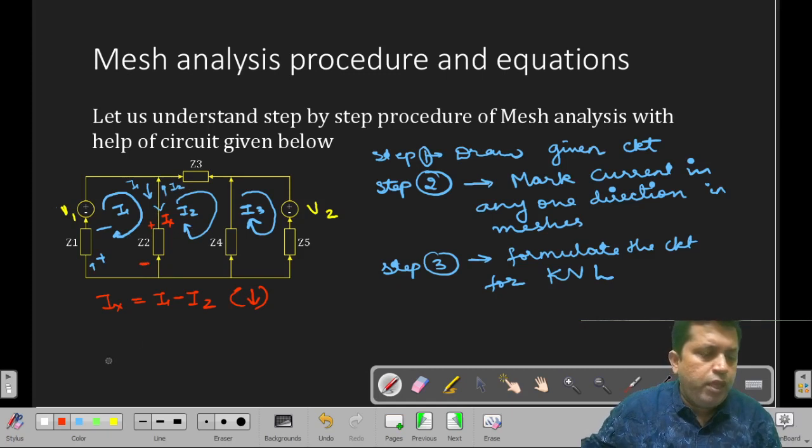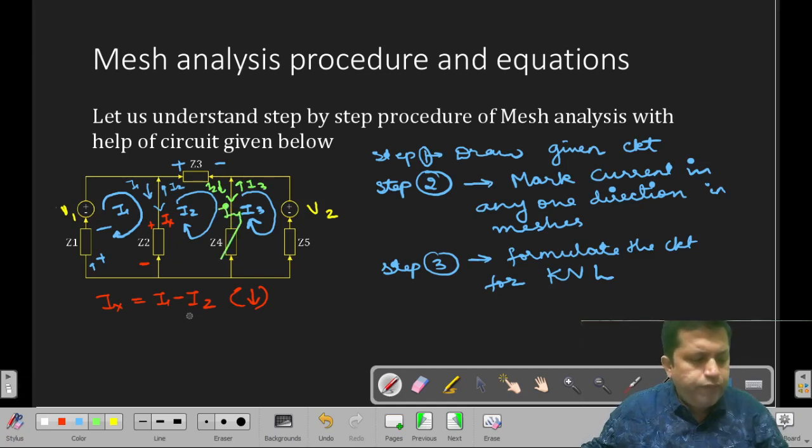Here the current in Z3 is only I2, so this is plus, this is minus. In Z4, downward is I2, upward is I3. So total current here is Iy.